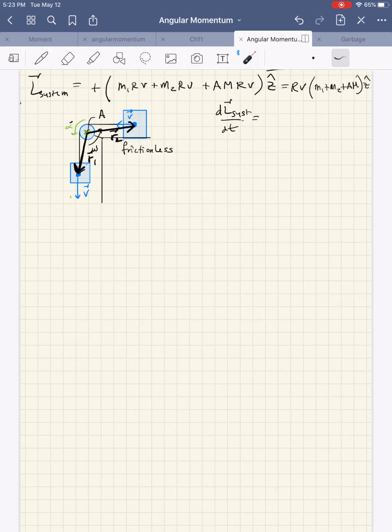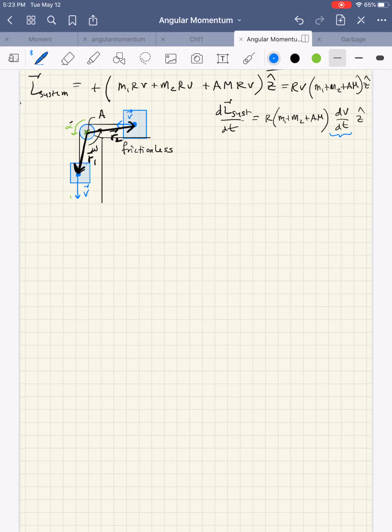And I'm going to recognize too that the only thing changing with time is this V. R is a constant, and M1, M2, and AM are all constants too, but V gets larger and larger as the system keeps moving. So R, M1 plus M2 plus AM doesn't change, and the only thing that it's acting on is that V.